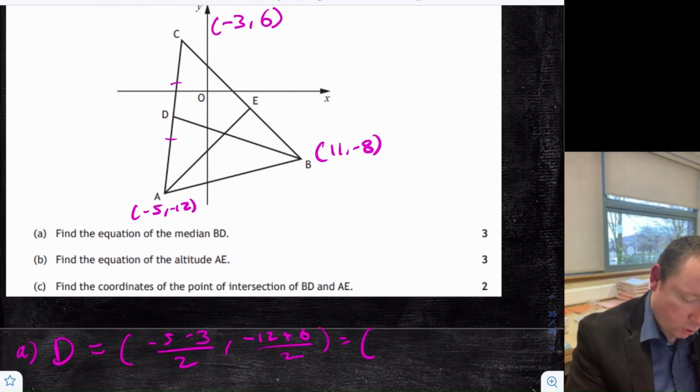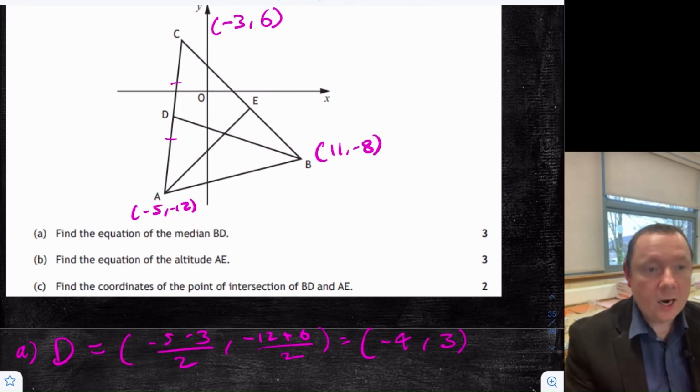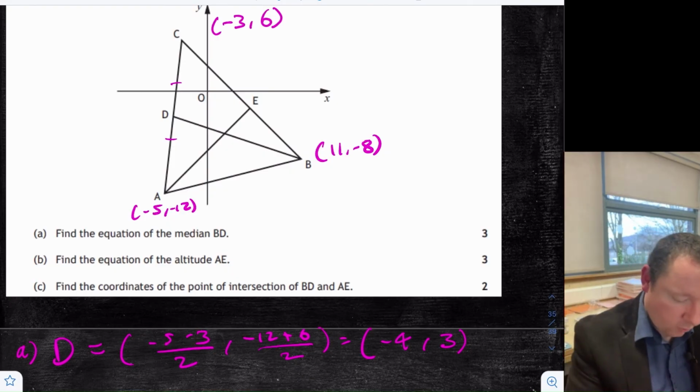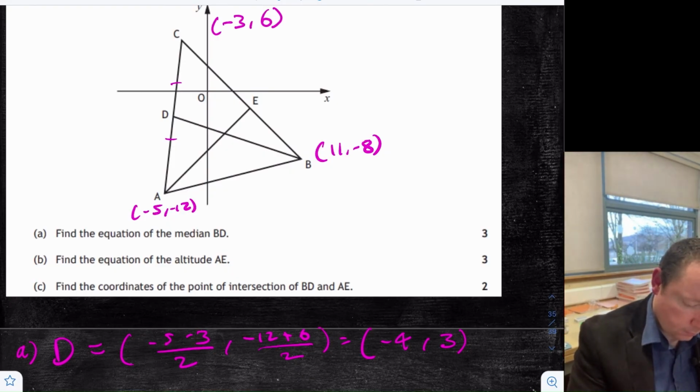That's minus 8 over 2 is minus 4, and that's minus 6 over 2, which is minus 3. So we get our midpoint of (minus 4, minus 3).